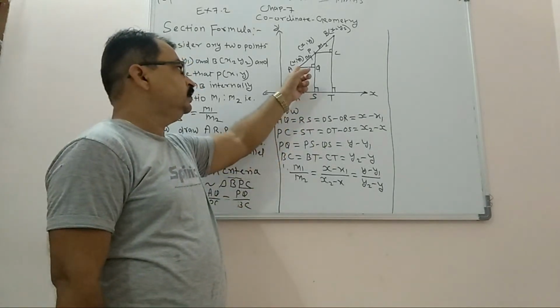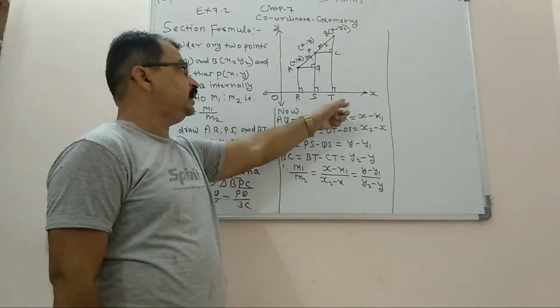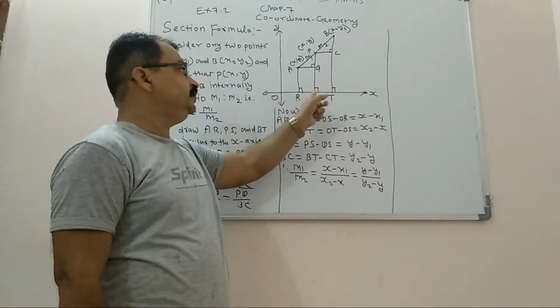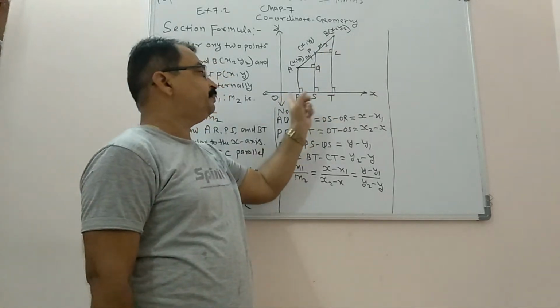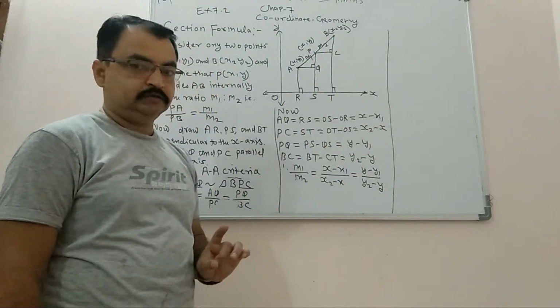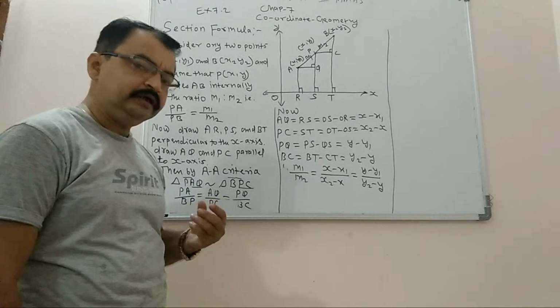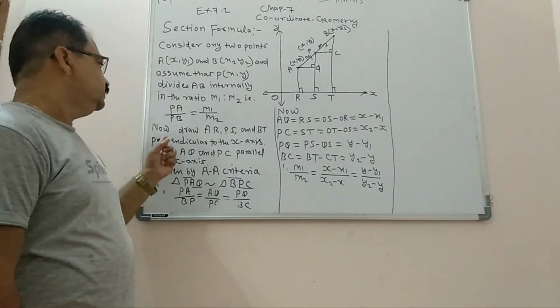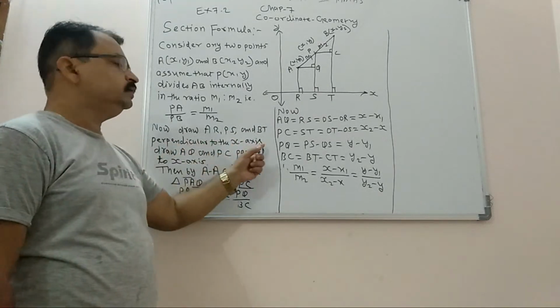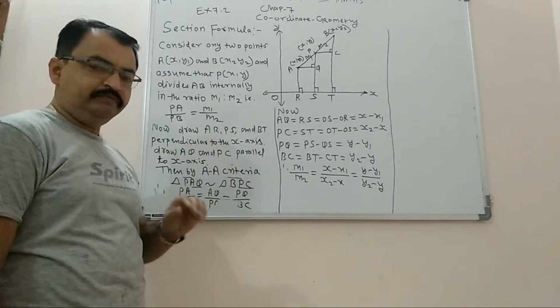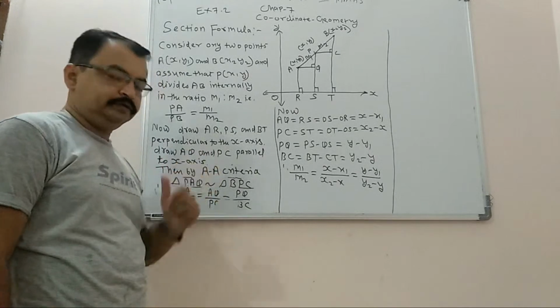So draw AR perpendicular to x-axis, PS perpendicular to x-axis, and BT perpendicular to x-axis. So same thing I have written over here together. Now draw AR, PS and BT perpendicular to the x-axis. Whatever I am saying, that only I wrote here.